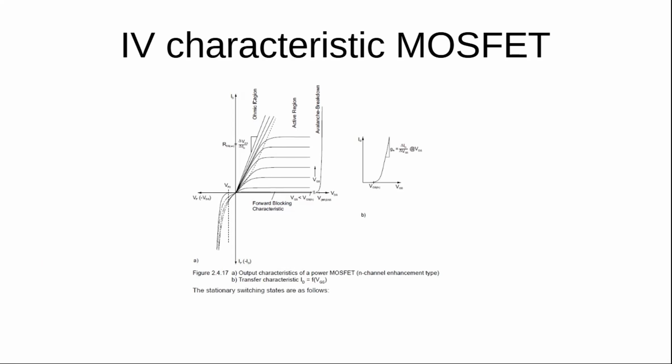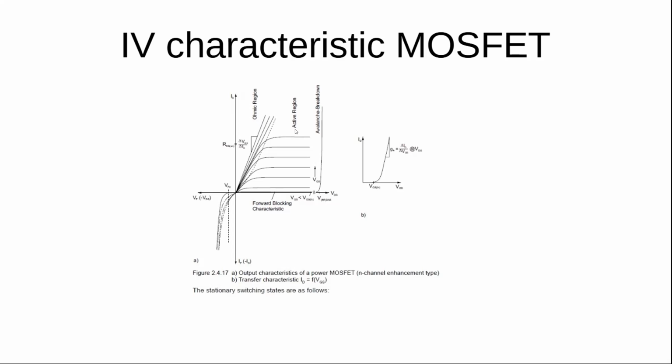So when we're in the ohmic or triode region, we'll have a large amount of current flowing with just a small VDS, so the voltage drop when it's on is really small, and we have a large amount of current. So we want to operate in this region.